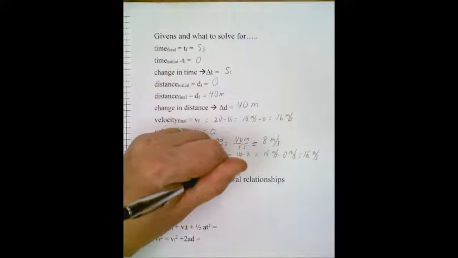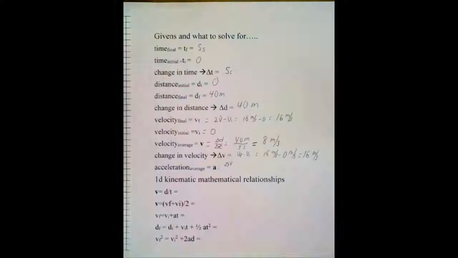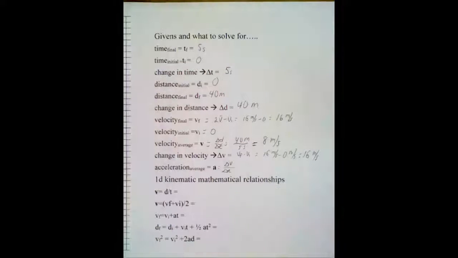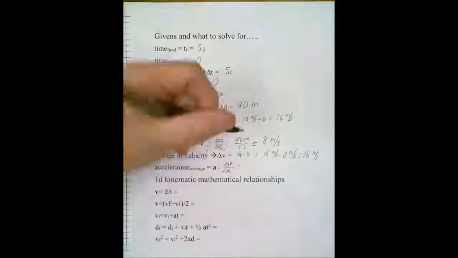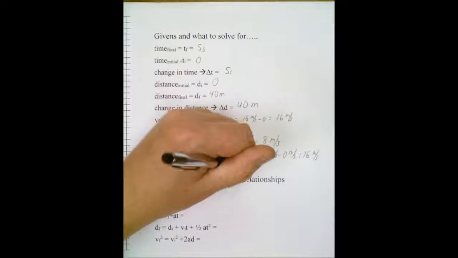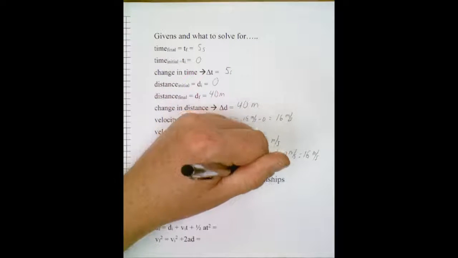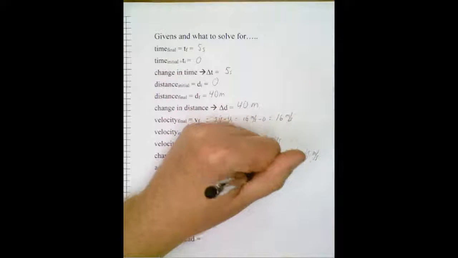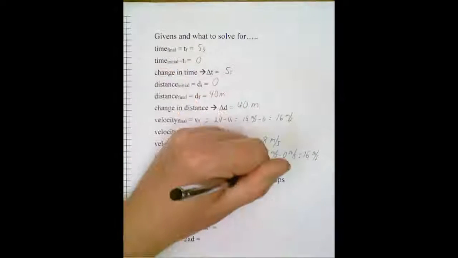Acceleration is equal to change in velocity over change in time. Well, we already determined the change in velocity was 16 meters per second times the change in time, which was 5 seconds, which would be 1 over 5 seconds.